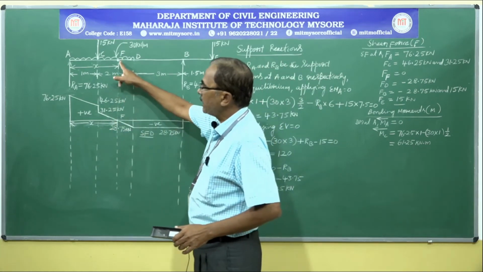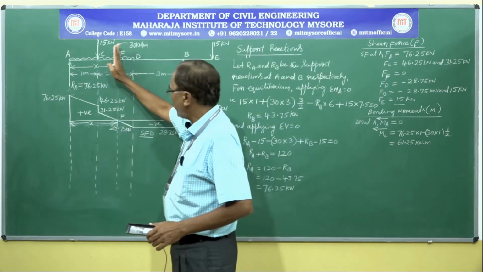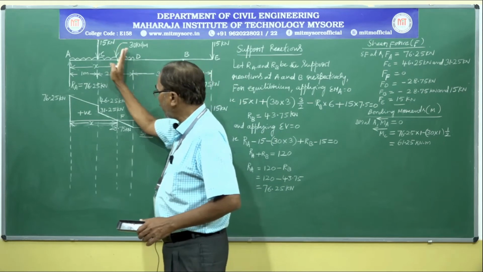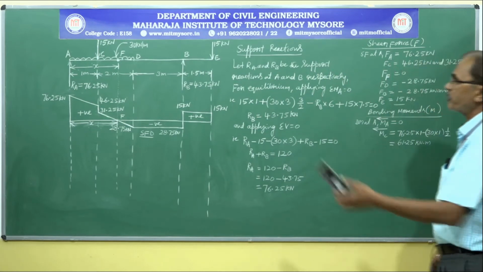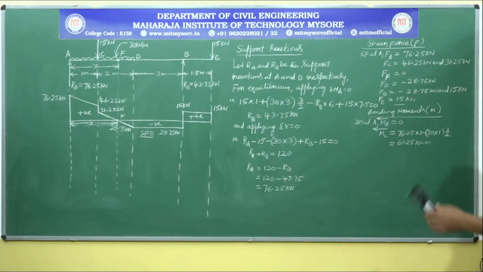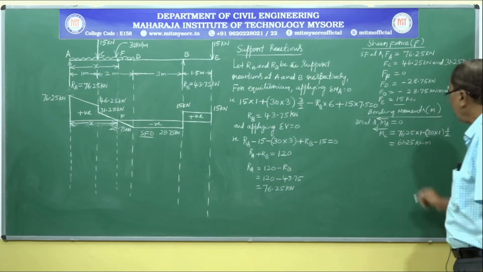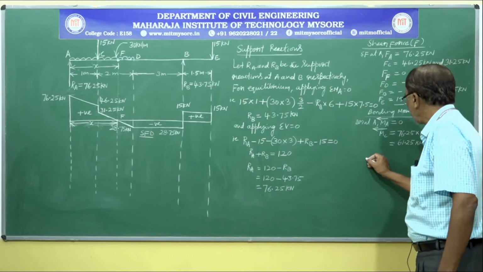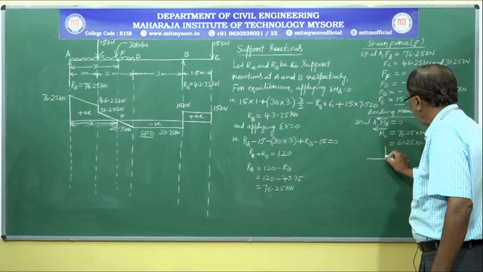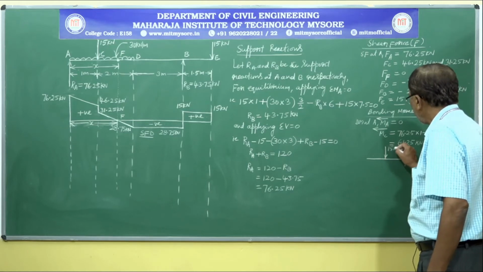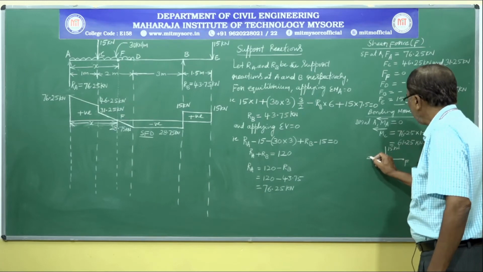Here for simplicity, let us consider the portion of the beam to the left of the point F and write the expression for shear force and equate it to 0, you will get x. To the left of the point F, there is a point load of 15 kilonewton acting, and again the UDL is there.